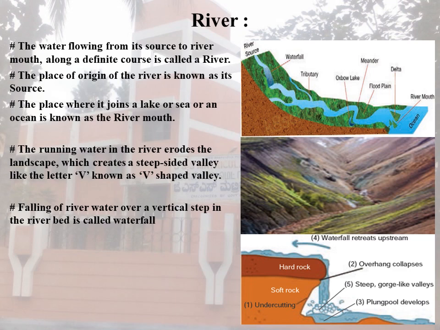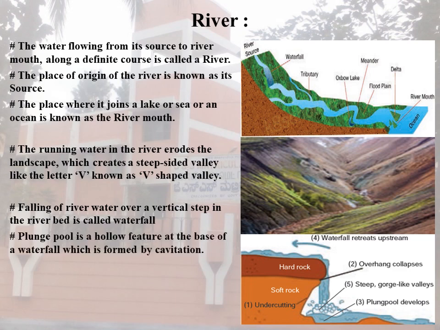The next is the plunge pool. It is a hollow feature at the base of the waterfall, formed by cavitation. The area where the water falls down is called a plunge pool.